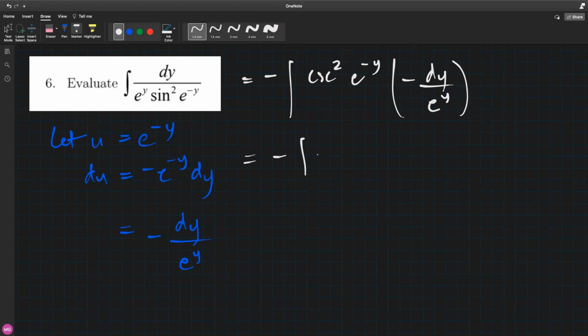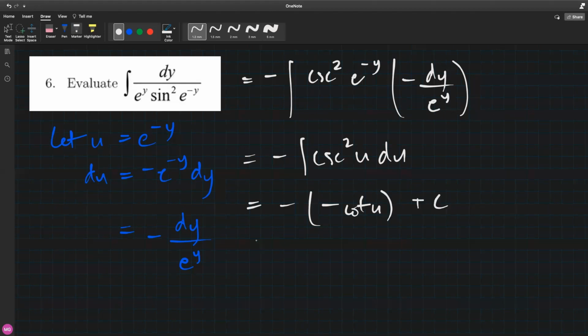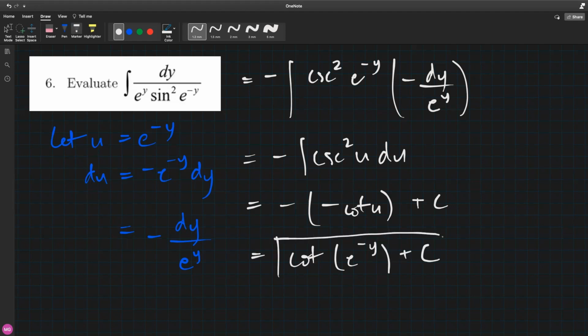That would be negative cosecant squared u du, which is just one of our basic formulas, which is negative cotangent u plus c. And let's substitute our u back into the equation. That would be cotangent e raised to the negative y plus c. So we have our final answer.